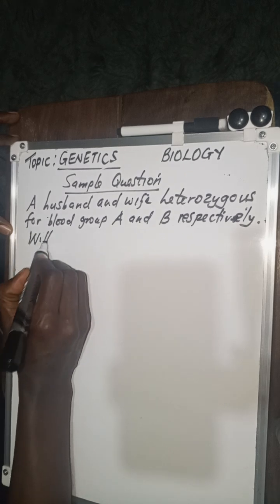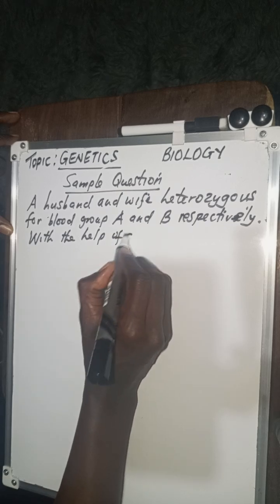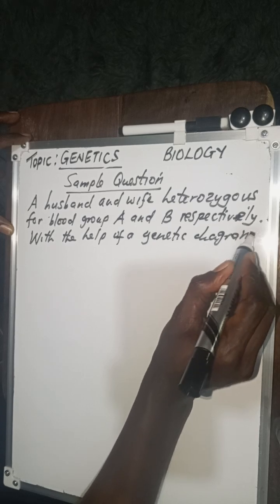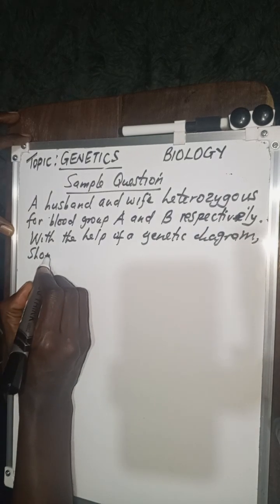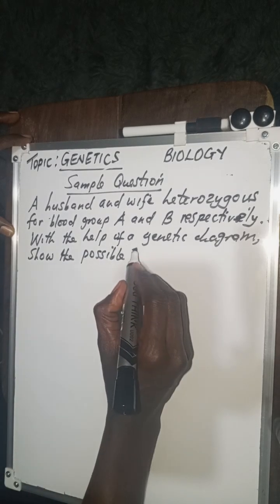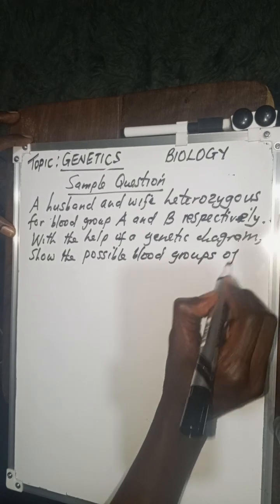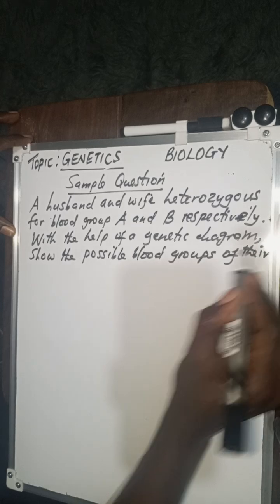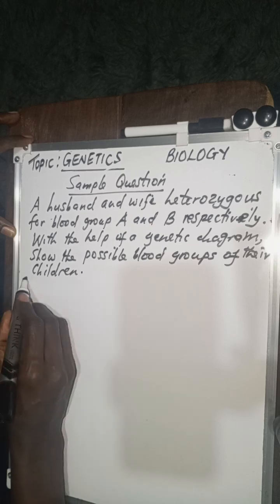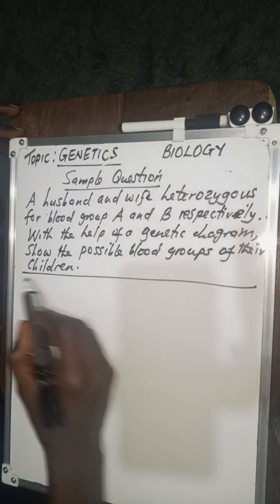Then the question says, with the help of a genetic diagram, show the possible blood groups of their children. So they want us to show with the aid of a genetic diagram the possible blood groups of their children.